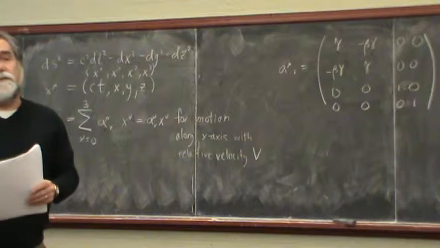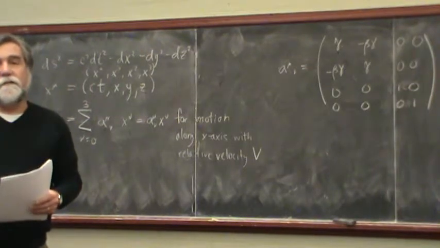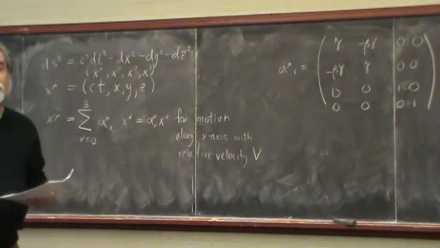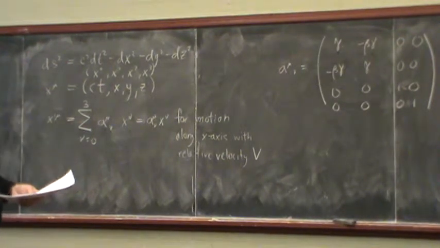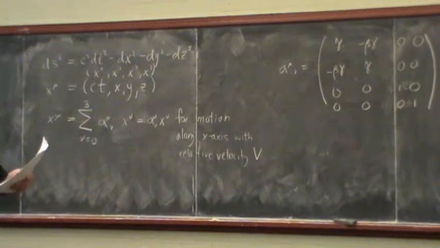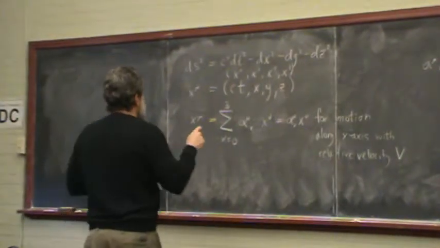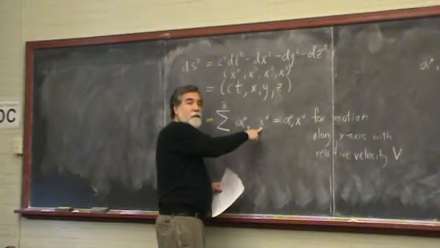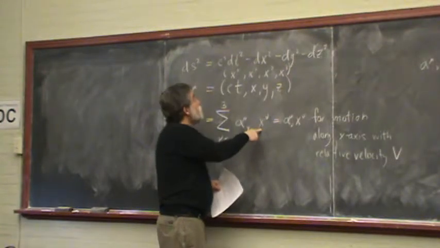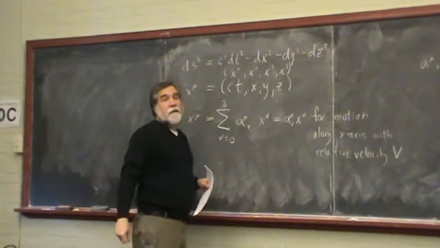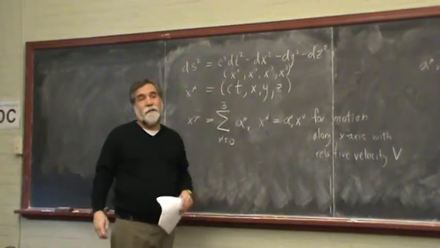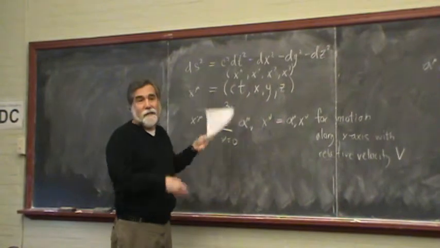There are going to be lots of tensors, but there's one other transformation tensor that's important to us, which is the one that takes the space-time vector, so CT, X, Y, Z, and turns it into the space-time interval. Okay? Got minus signs up there, so I need something that's going to produce minus signs.